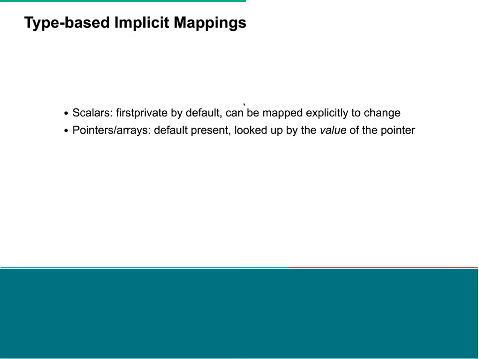If it is found not to be present, the pointer is set to null. For arrays, if the shape is known, the array gets mapped. Others, which would be aggregates like structs, classes, unions, are mapped tofrom by default.